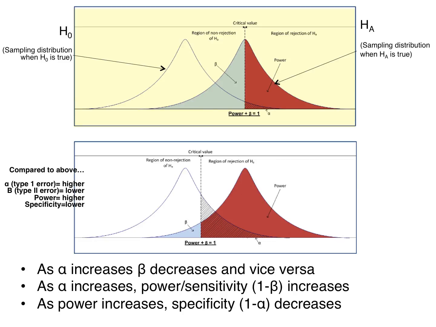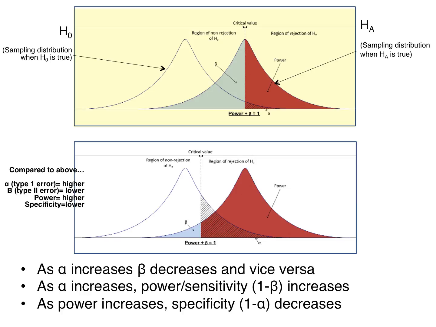So these add up to 1 in the alternative hypothesis sampling distribution because they're complementary. So compared to the graph on the bottom, the power or sensitivity of our test is lower in this case. So we have a lower probability of finding evidence to support our alternative hypothesis that there is a difference when there actually is a difference in reality.